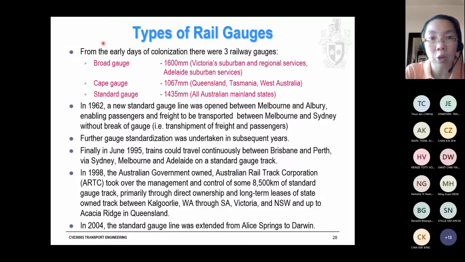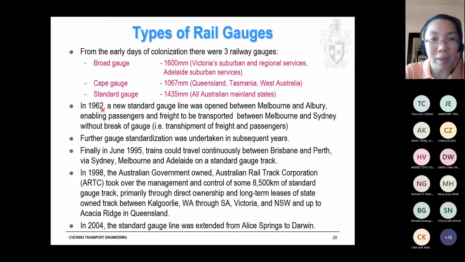The first train will not be able to go over to the second set of track because the gauge sizes are different. So passengers would have to stop at the middle station and change over to the next train, so that they can move on using a different train with a different gauge size.